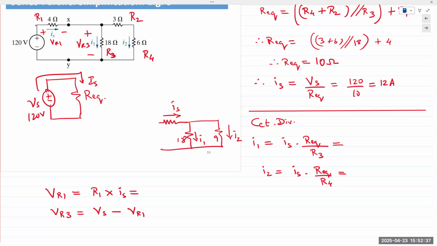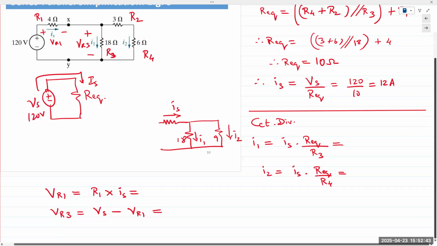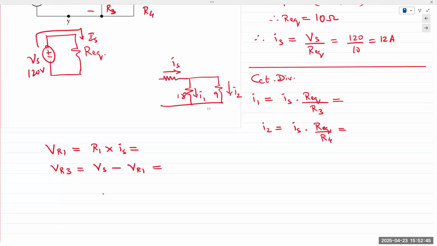Any questions? Okay. All right. So VS minus VR1 gives us VR3. So from VR3, I can calculate I1 by Ohm's law, VR3 over R3. And you should obtain the same answer from current division.